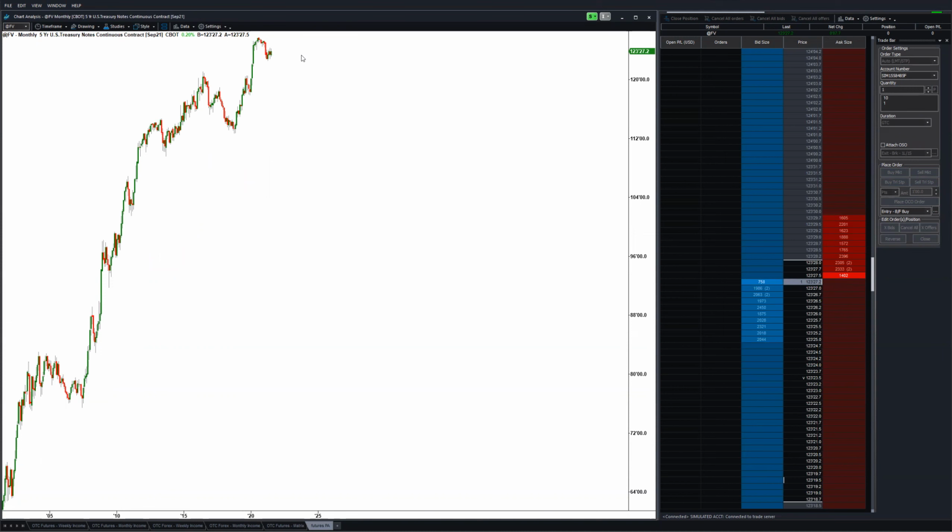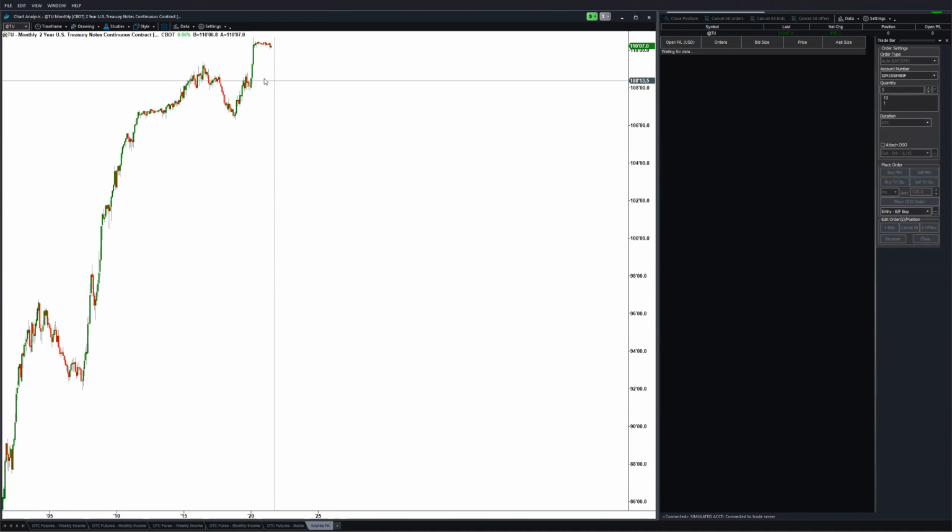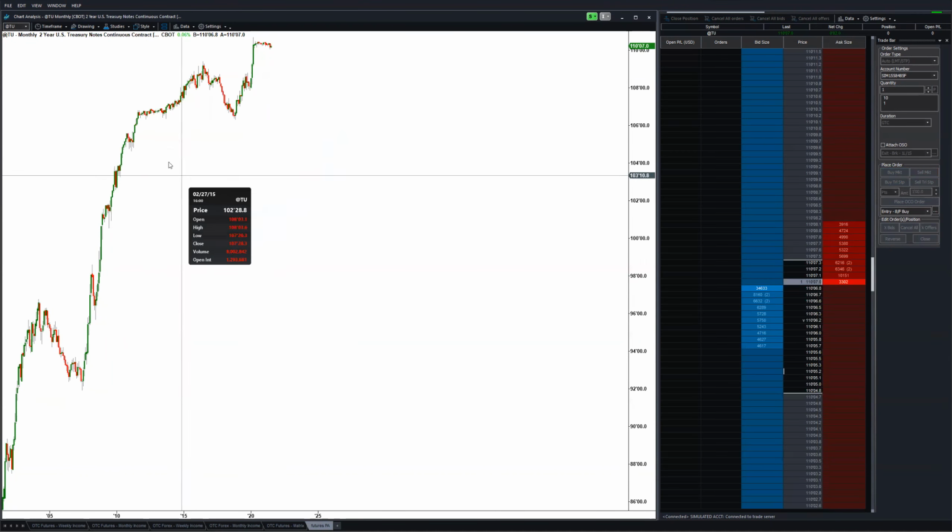So yes, definitely something we can trade in the future as well. If I click at TU and look at the monthly demand zones, they look all quite neat, right? Definitely a clear uptrend, something that we can definitely consider.